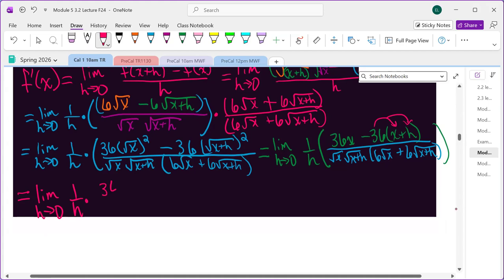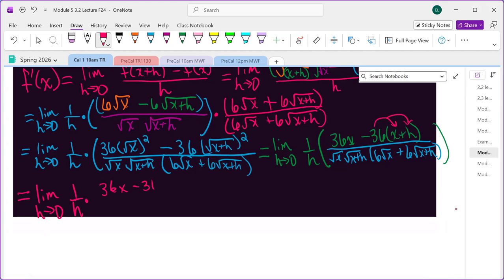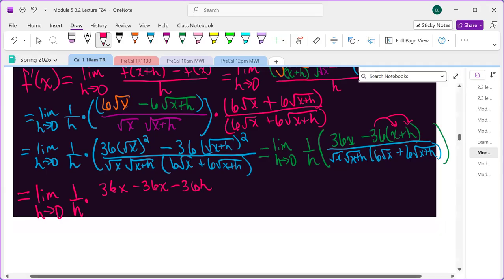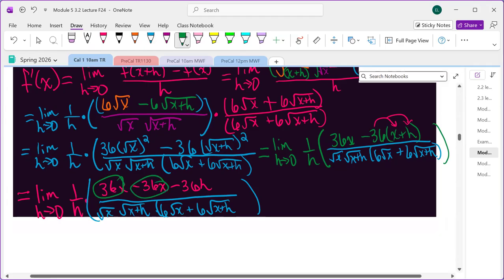So we'll have 36x minus 36x minus 36h. All right, 36x minus 36x cancel.